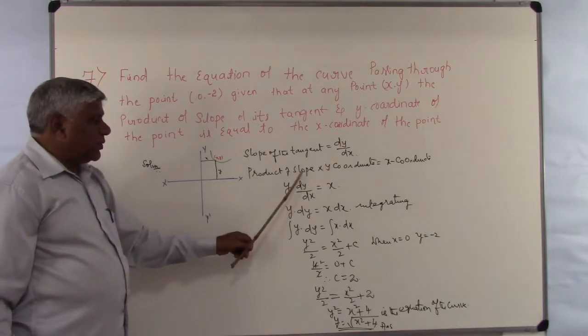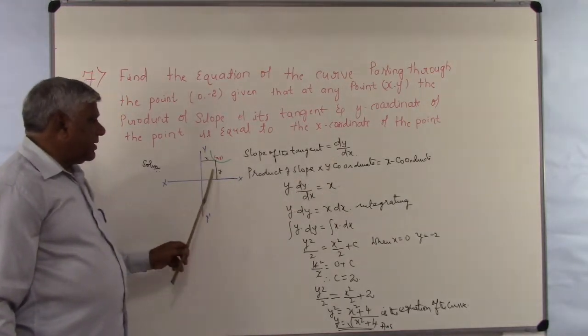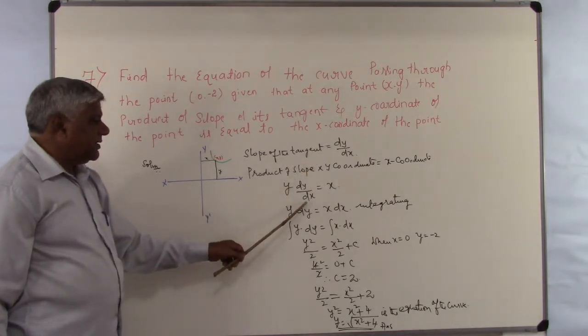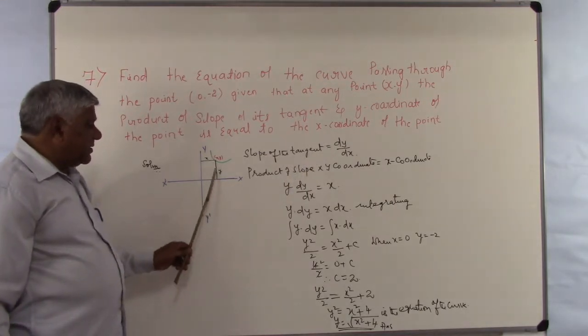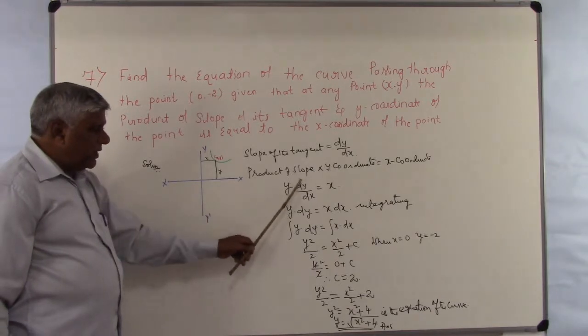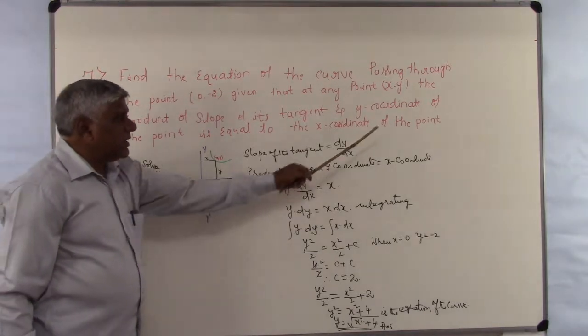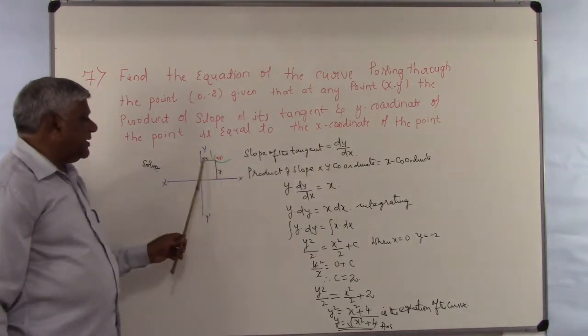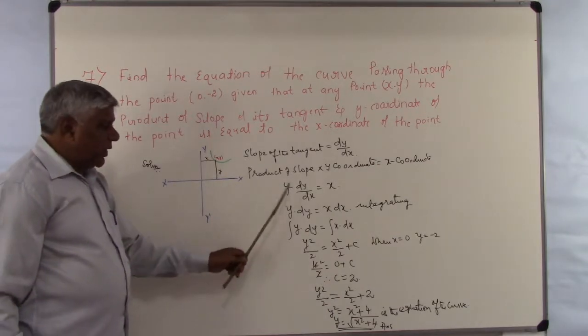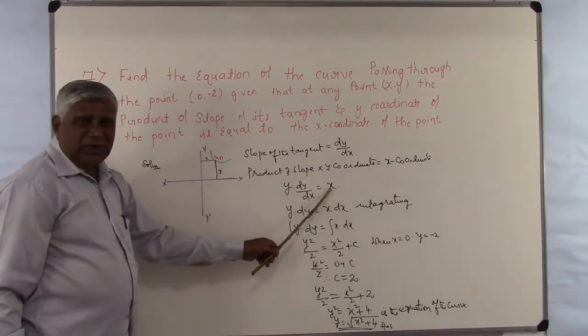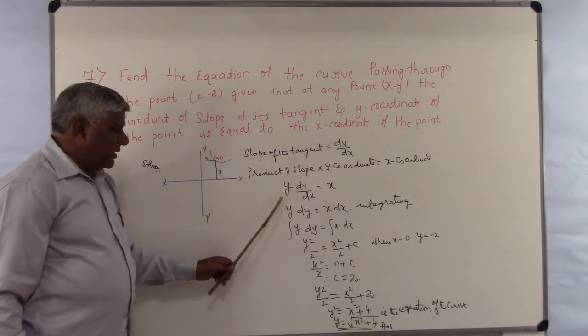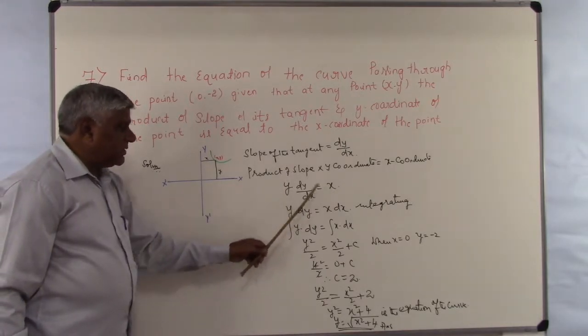The product of the slope into the y coordinate: the slope is dy by dx, the y coordinate is y. So y into dy by dx is equal to the x coordinate, which is x. So y into dy by dx is equal to x. Therefore, y into dy is equal to x into dx.